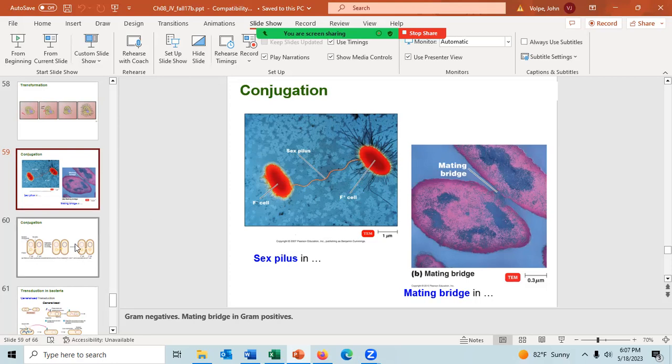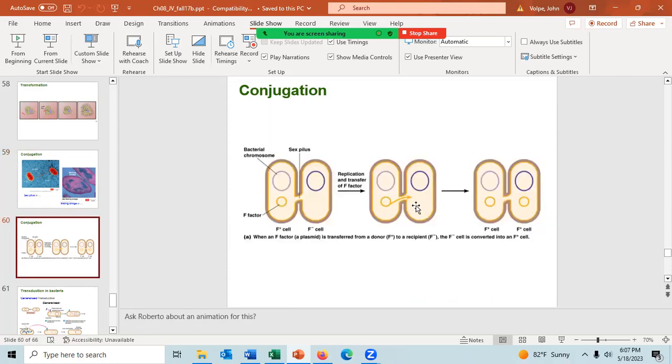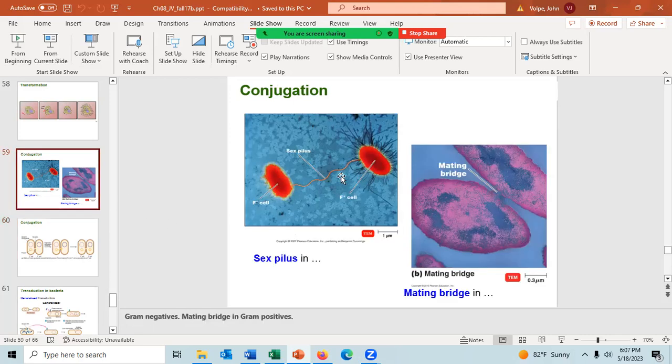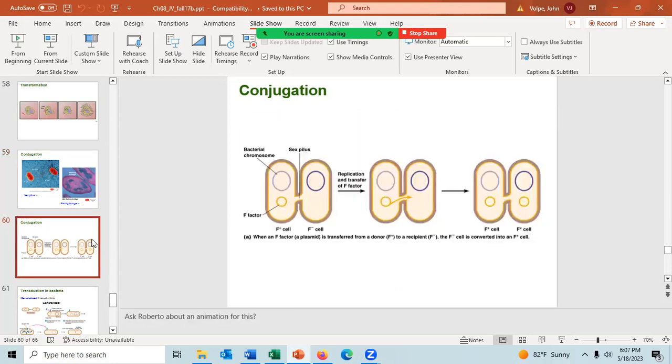They do not have to come this close together because the sex pilus is hollow and the plasmid can actually move through the sex pilus. But this is showing you where the sex pilus has brought the two cells very close together.